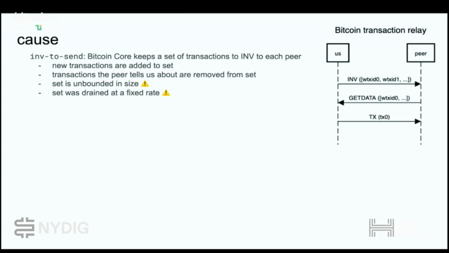And when the peer tells you about a transaction it already knows, this is important, you remove it from the set. So the sets get smaller because both of you are going to announce back and forth. The set is unbounded in size, and there is a warning sign here. Obviously, being unbounded in size for something that's accessible via the P2P network is a bit critical, and the set was drained at a fixed rate.